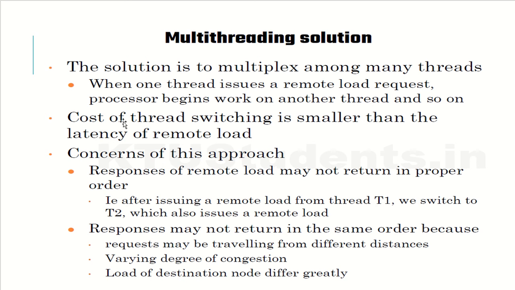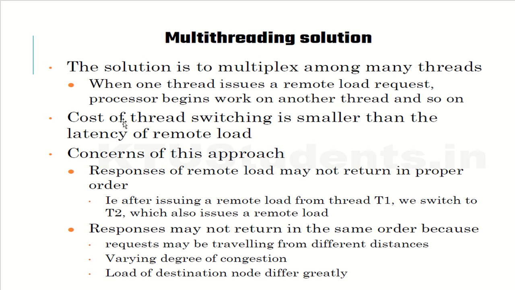So what happens is that the process will execute another thread. By that time, this order may be different, and there is a chance of losing the sequence of execution. That is, after issuing a remote load from thread T1, we switch to T2, which is also making a remote load. So in the end, there will be confusion about synchronizing all these remote accesses.